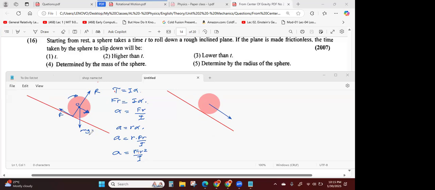Let's say the angle of inclination is theta, the same inclination theta, so the component is mg sine theta. So a equals g sine theta. Let us take this as A1, and here A2 equals g sine theta.